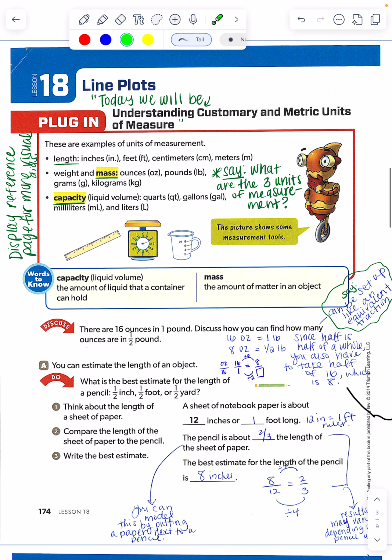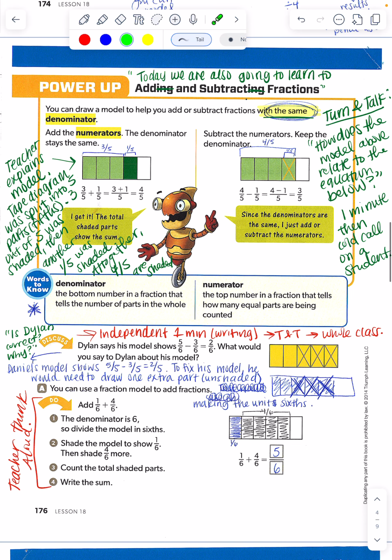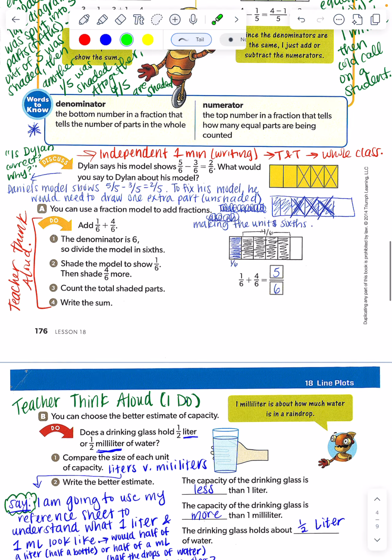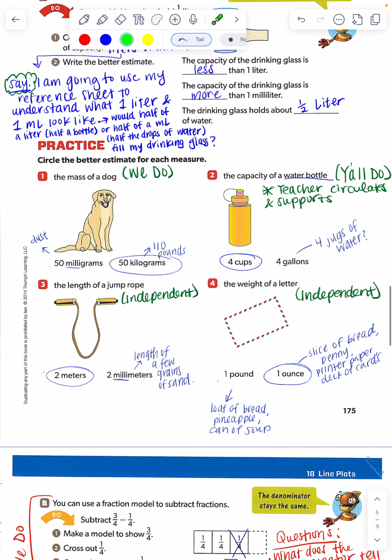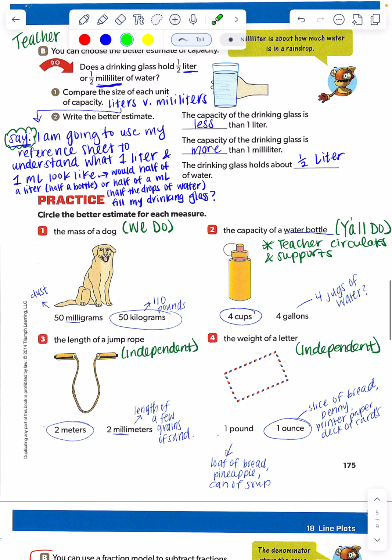So this day is one of those lessons where you have 2 skills that they are going to be working on. The first one is around understanding customary and metric units of measure, and the second one is on adding and subtracting fractions. Anytime I internalize, I want to see what skill students are actually going to be practicing.